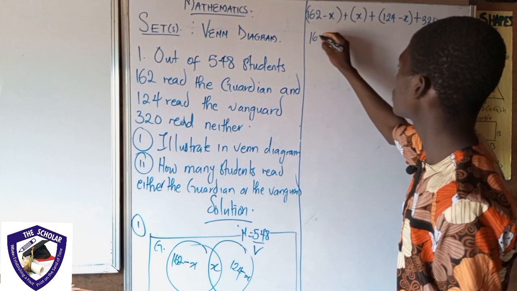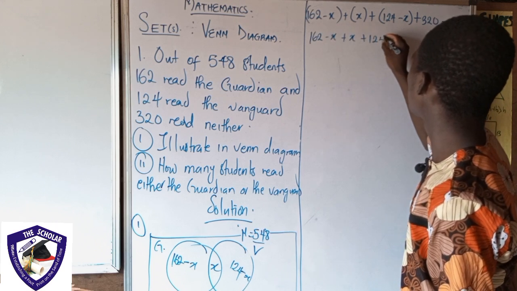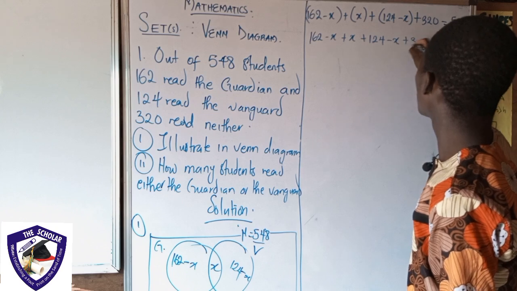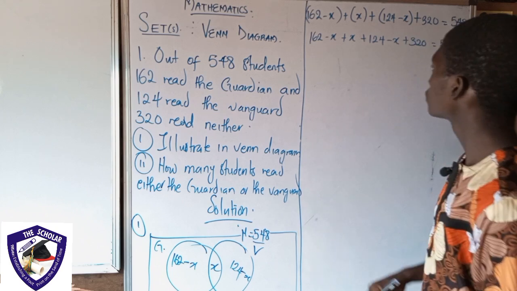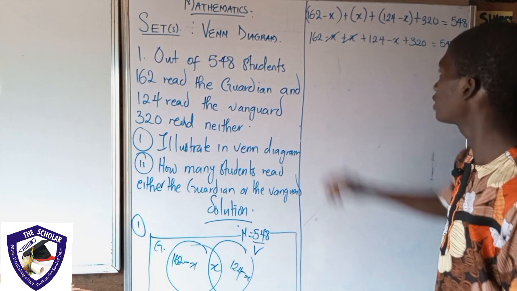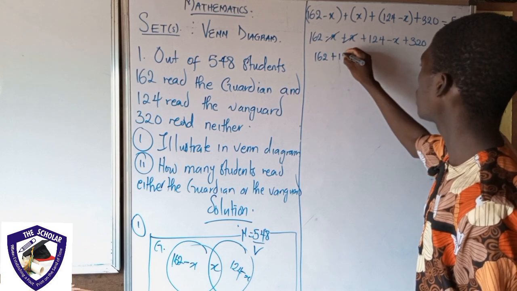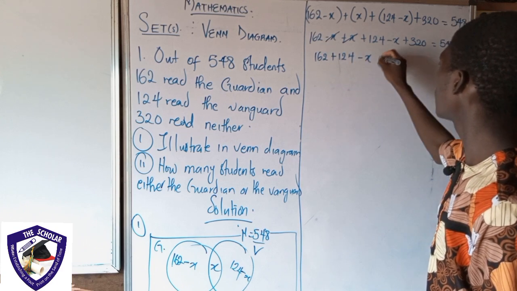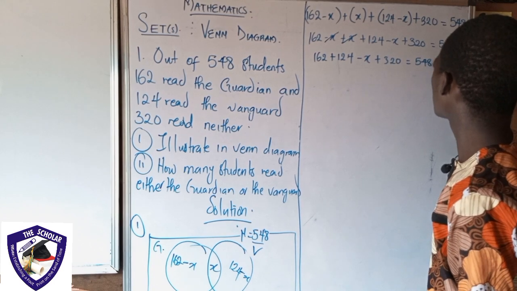We have 162 minus X plus 124 minus X plus 320 equals 548. So here, minus X plus X will be eliminated. So you have 162 plus 124 minus X plus 320 equals 548.